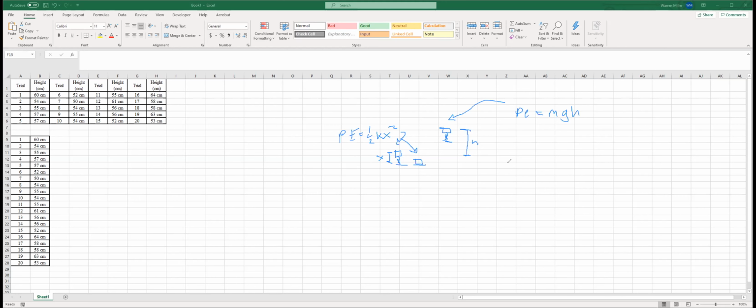So then we just can solve for it. You'd write mgh is equal to 1/2 kx squared. Solve for k, so it would be 2mgh, cancels out the half, equals kx squared, divide the x squared on both sides.